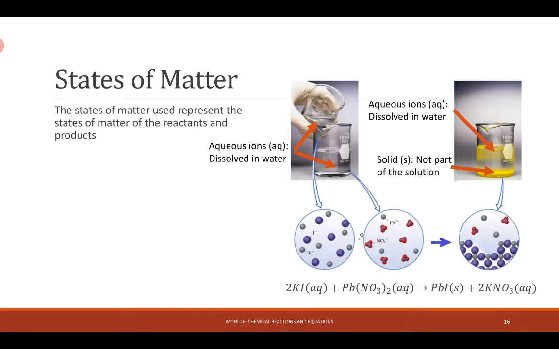And so when we represent this reaction using our chemical symbolism, this first is represented by potassium iodide aqueous, meaning it's dissolved in solution. This is lead nitrate dissolved in solution. And then this solid down here represents the solid, and these aqueous things are the potassium and nitrate.